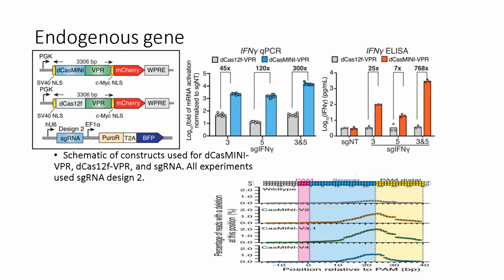Consistently, the results using Cas-mini show that in vivo gene editing also peaked around position 22-30 base pairs relative to the PAM. We thus confirm that Cas-mini can be used in broad genome editing applications in addition to gene activation.